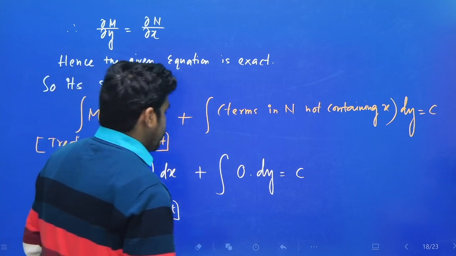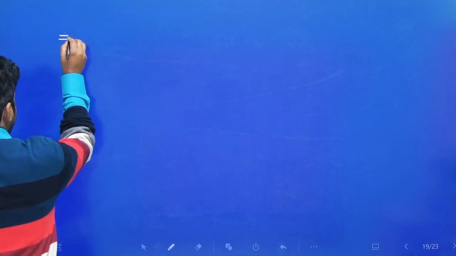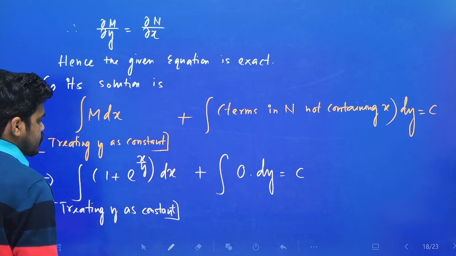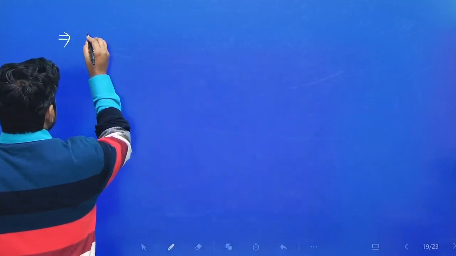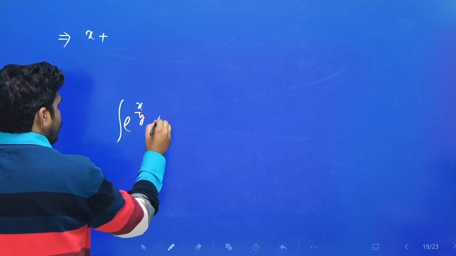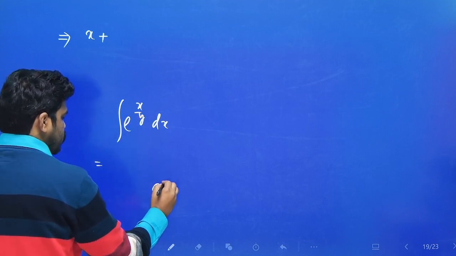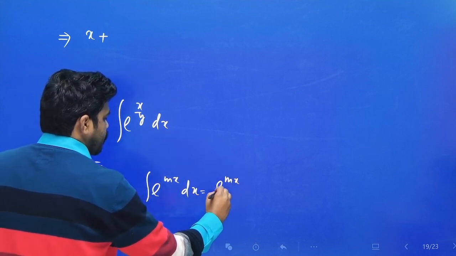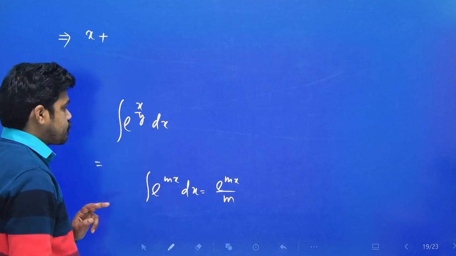So this implies first of all 1 কে ইন্টিগ্রেশন 1 dx, that means ultimately x, plus e to the power x by y কে ইন্টিগ্রেশন করছি ট্রিটিং y as constant। যদি আমি বলি e to the power mx, এর ইন্টিগ্রেশন কি হবে? এর ইন্টিগ্রেশন হচ্ছে e to the power mx by m, তাহলে m টা হচ্ছে কনস্ট্যান্ট, তাহলে এখানে কনস্ট্যান্ট কি? 1 by y, ঠিক?